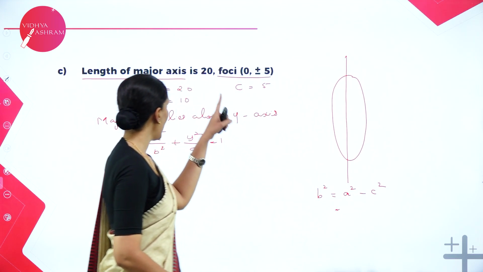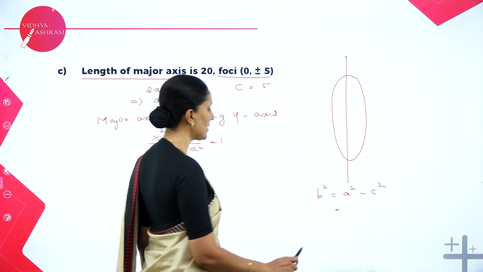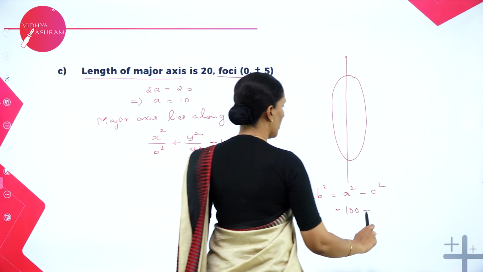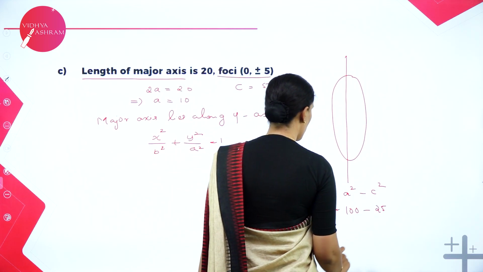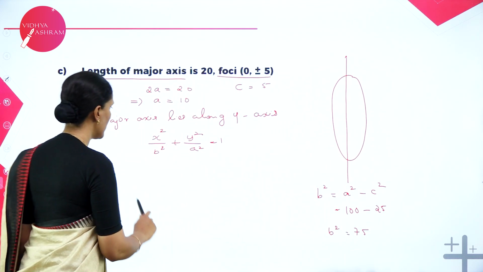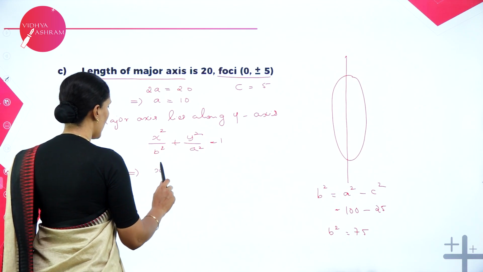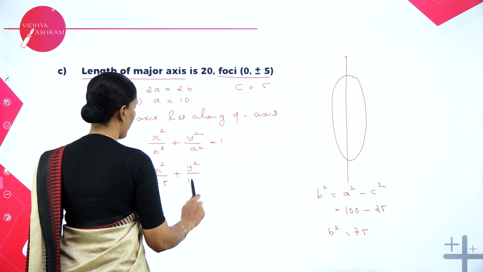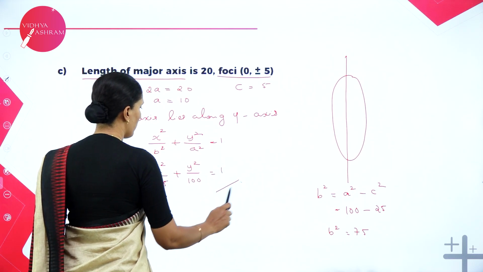So the value of a is 10. So 10 square is 100. And c is 5. So c square is 25. So we get b square is equal to 75. So thus the equation becomes x square by 75 plus y square by 100 is equal to 1.